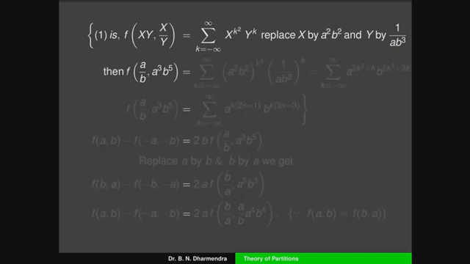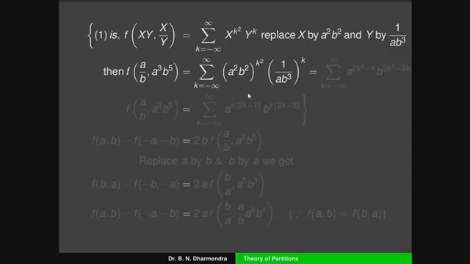So therefore f of a by b comma a cube b to the power of 5 is equal to summation k running from minus infinity to plus infinity. We replace the value of x by a square b square whole to the power of k square into, we replace the value of y by 1 divided by a b cube whole to the power of k.